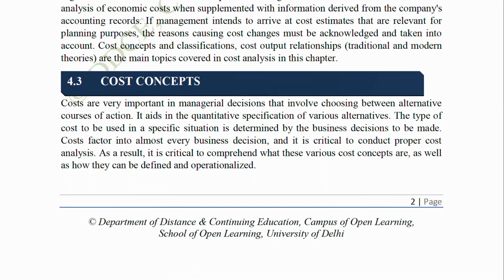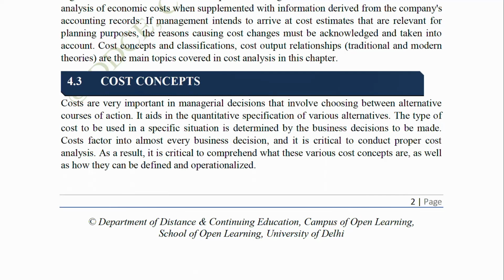4.3 Cost concepts. Costs are very important in managerial decisions that involve choosing between alternative courses of action. They aid in the quantitative specification of various alternatives. The type of cost to be used in a specific situation is determined by the business decisions to be made.